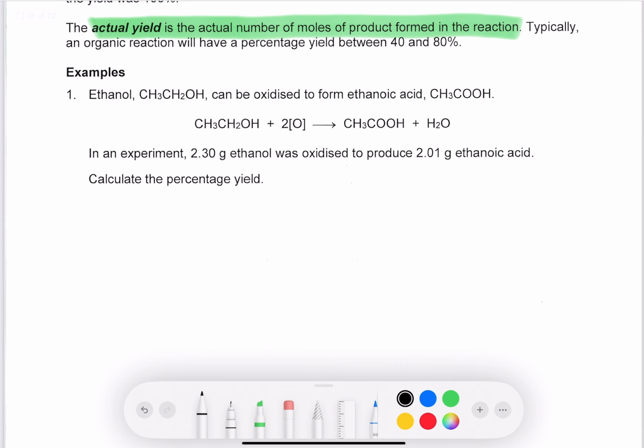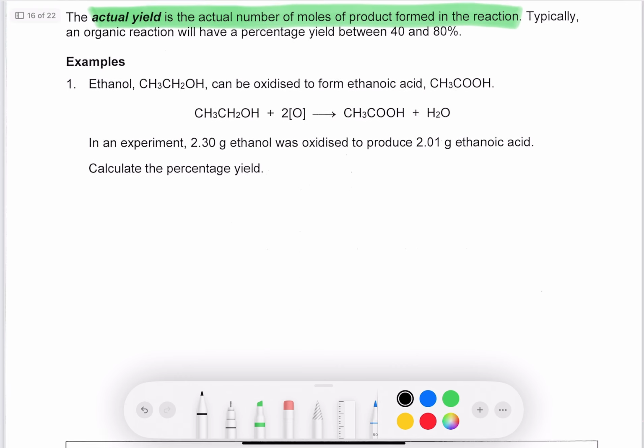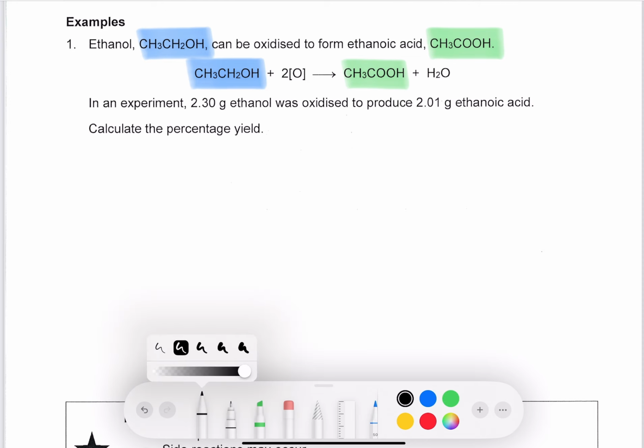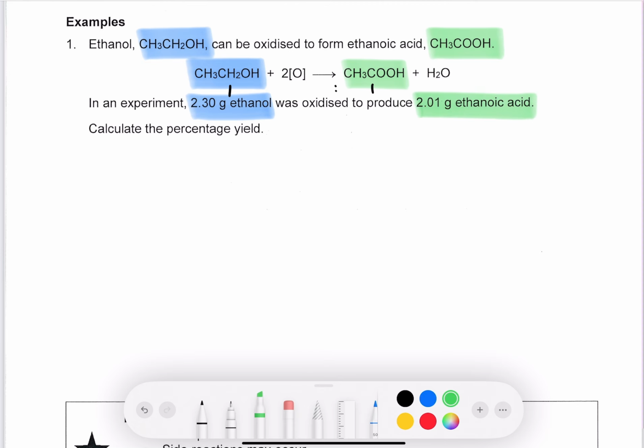So here's an example question. It says ethanol, which is this thing here, CH3CH2OH, can be oxidized to form ethanoic acid, which is over here. We can look at this equation and see that the ratio is 1:1. 1 mole makes 1 mole. And it says in an experiment, 2.3 grams of ethanol were used to produce 2.01 grams of ethanoic acid.